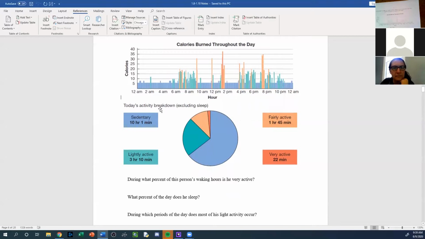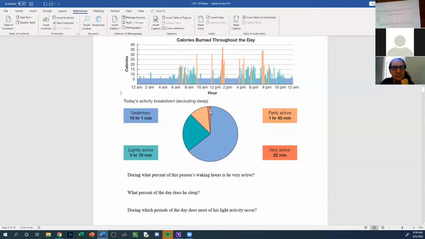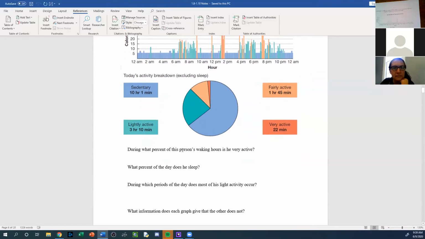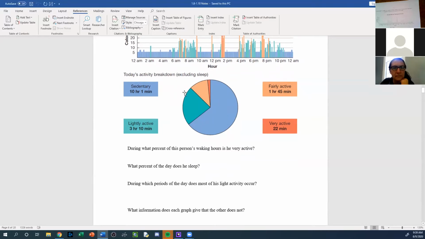If we look at it, it says that we have a breakdown excluding sleep, right? So it is those 24 hours, but we're subtracting out the amount of time that this person slept for. So it's only like 15 or 14 hours, right? But yes, I do agree that we should use this chart, we call it a pie graph or a circle graph. Okay. So to find out that percent, what can we do here?